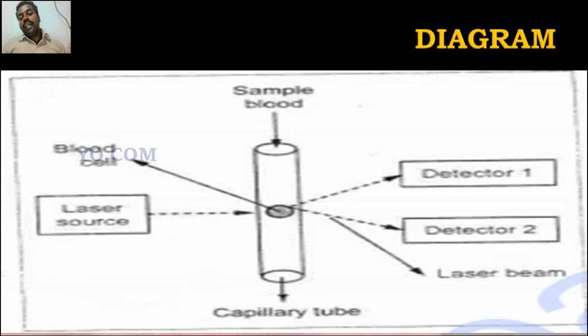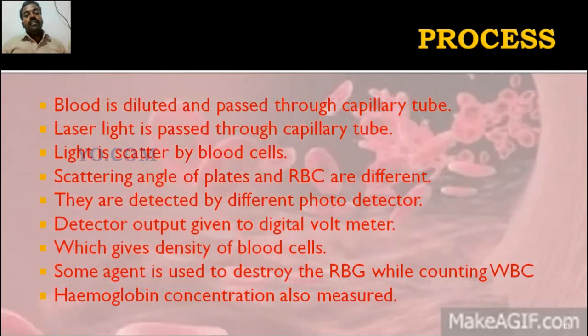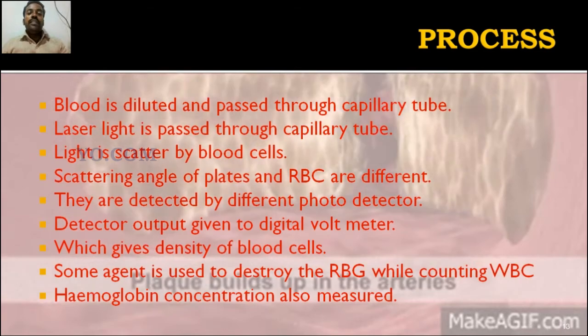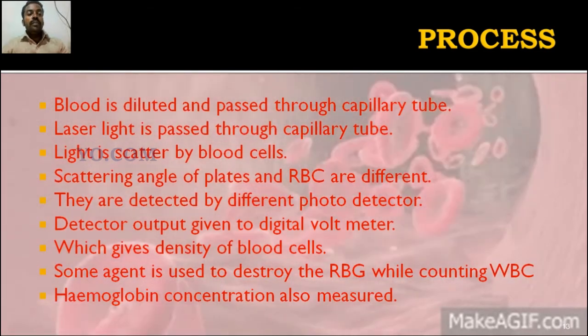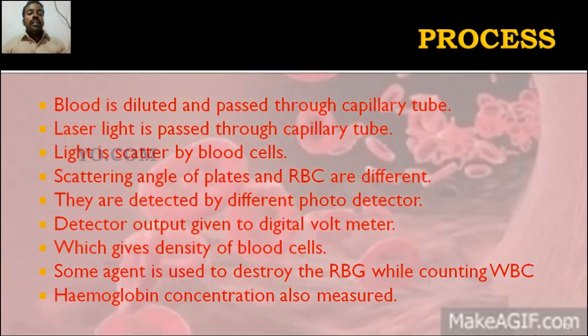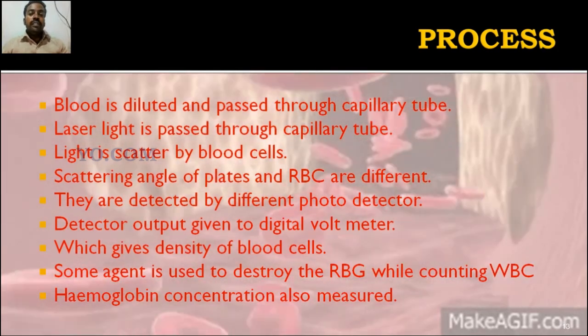According to the angle, the detectors detect the different waves and give the count of the blood cells. So this is the process. Blood is initially diluted and passed through the capillary tube. Then laser light is passed through the capillary tube. The light is scattered by the blood cells.